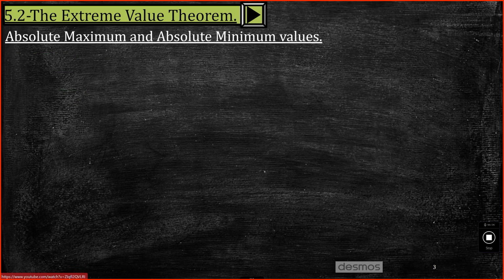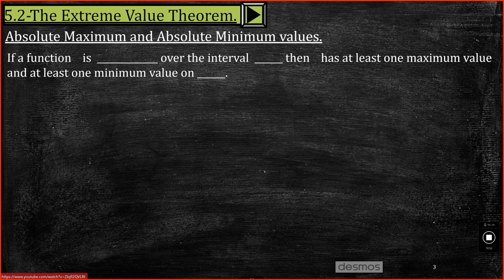Okay, so this is a long lesson, everybody. So 5.2, extreme value theorem. Absolute maximum and absolute minimum values of a function.